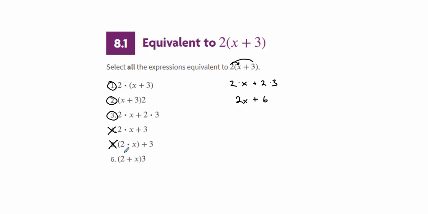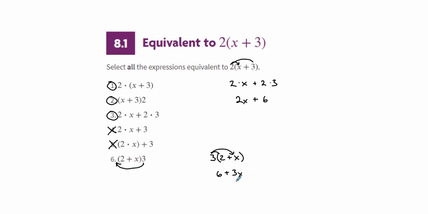So I wonder what that would look like if we use the commutative property and move this 3 over to the other side. So we have 3 times the quantity 2 plus x. And then I use the distributive property here. 3 times 2 is 6. 3 times x is 3x.